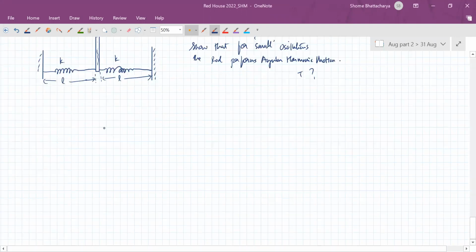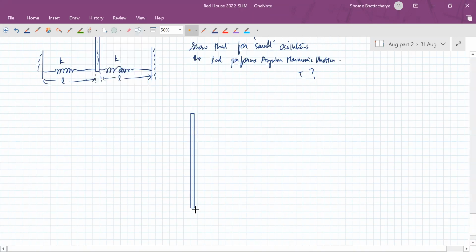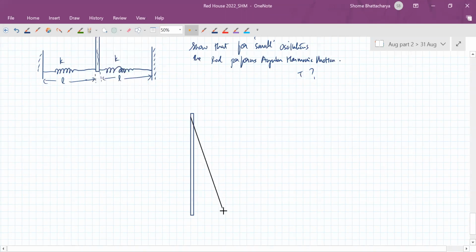Okay. So basically, from this position along the y-axis, if we take it to an angular position theta, like this. Now this is comparatively an exaggerated angle, but just imagine theta is small.